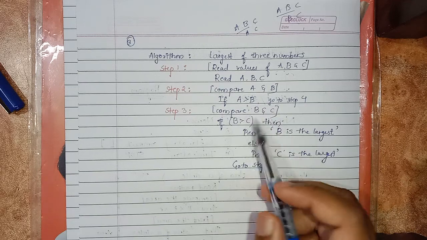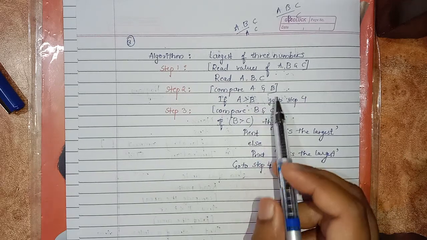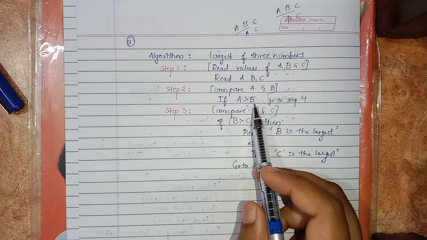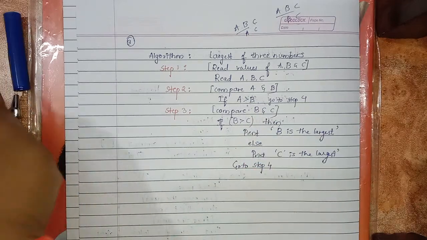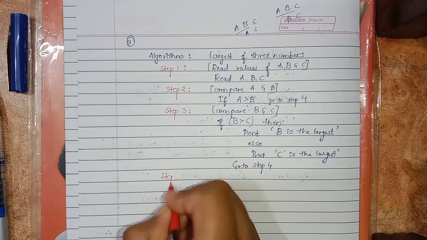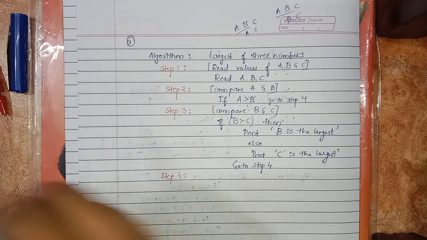Okay, so if A is greater than B, then I told you should compare A with C. So in step 4 we will compare. Write it properly, I am not writing that neatly.